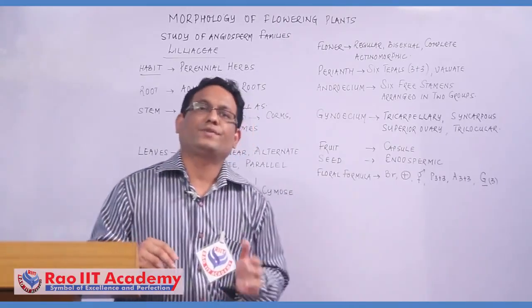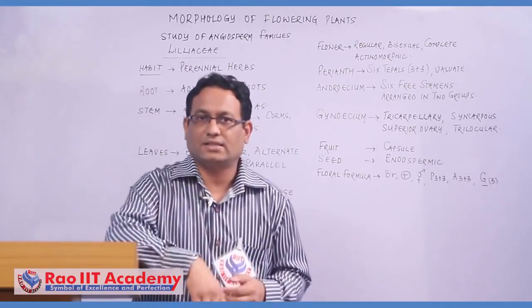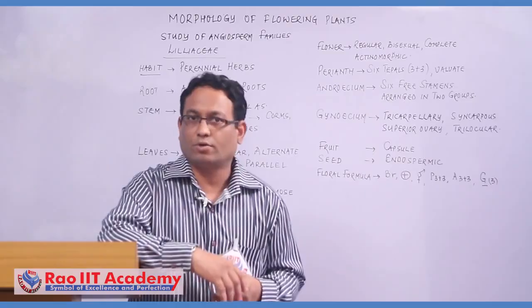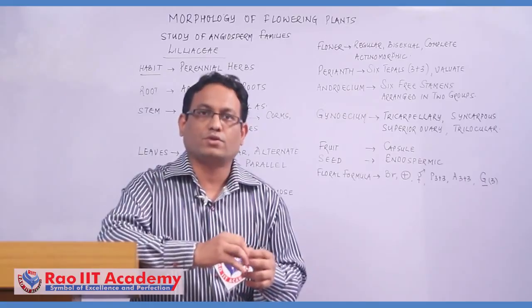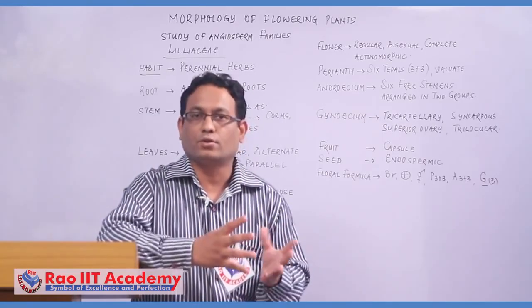As we finish morphology, in the next class, we will be starting with the anatomy of flowering plants, wherein we will be studying the internal morphology of all these flowering plants, including their tissues.